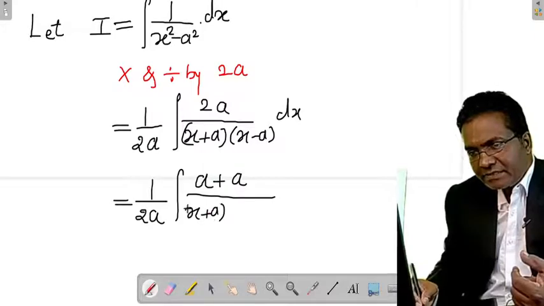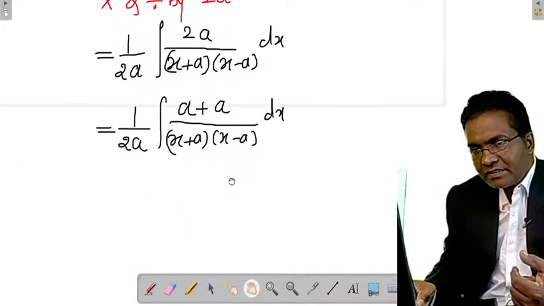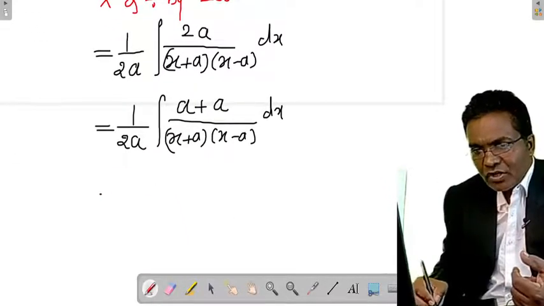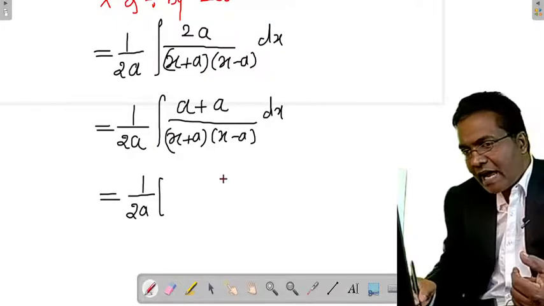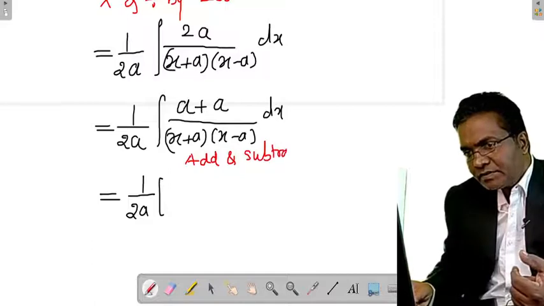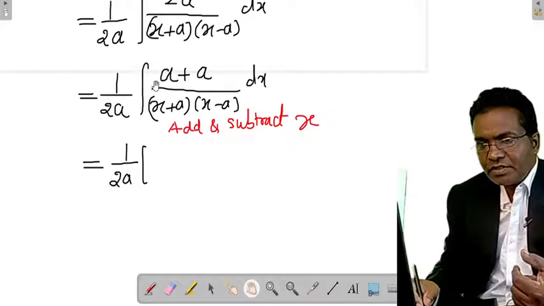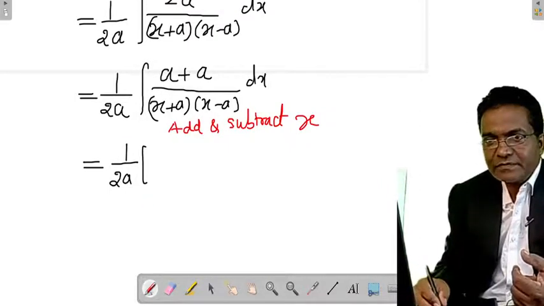It is x plus a into x minus a dx, which equals 1 by 2a. In the numerator, add and subtract x, so as to get terms like this.